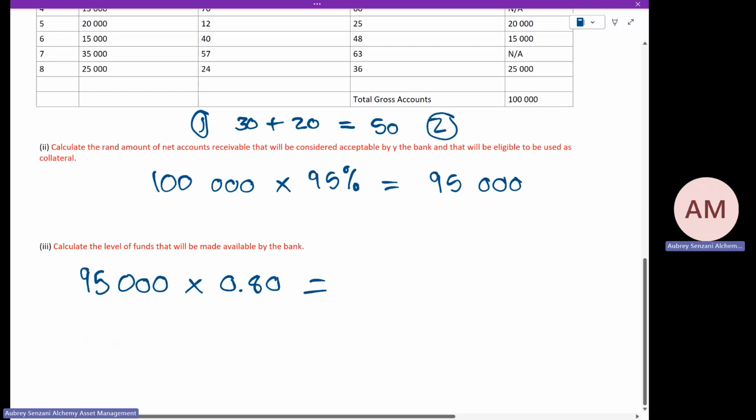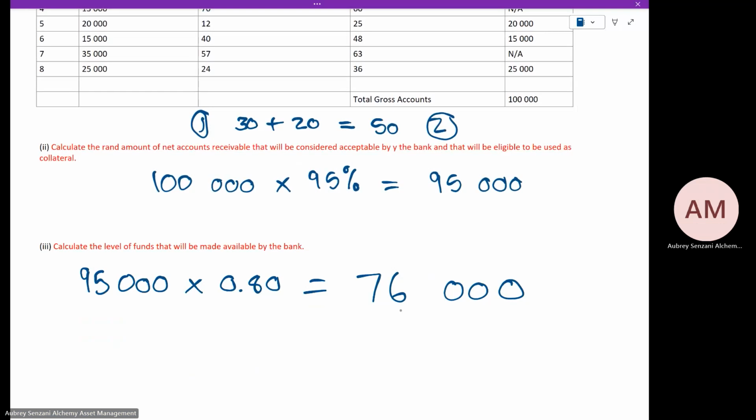What do you guys get? How much? 76,000. And that, ladies and gentlemen, is your 5.3.